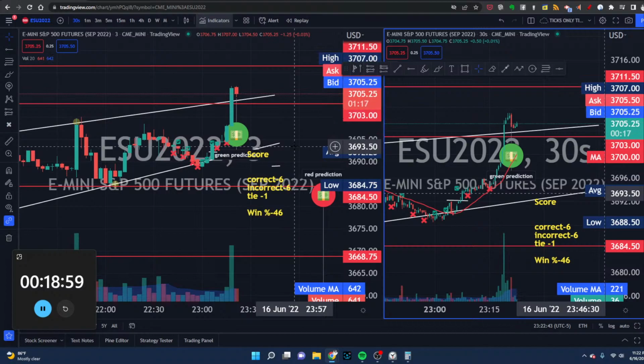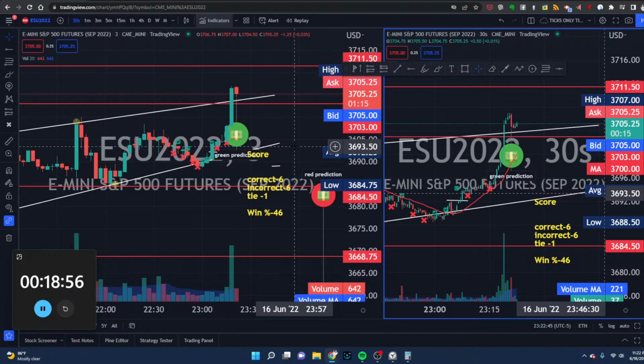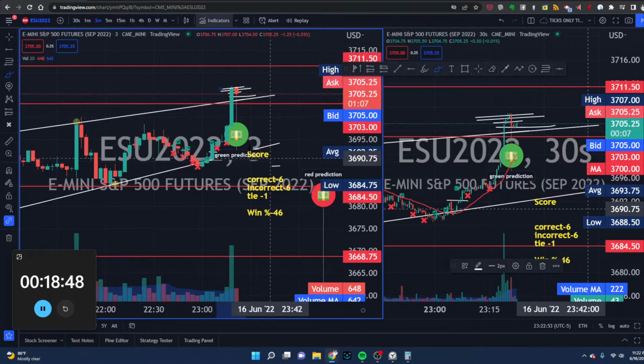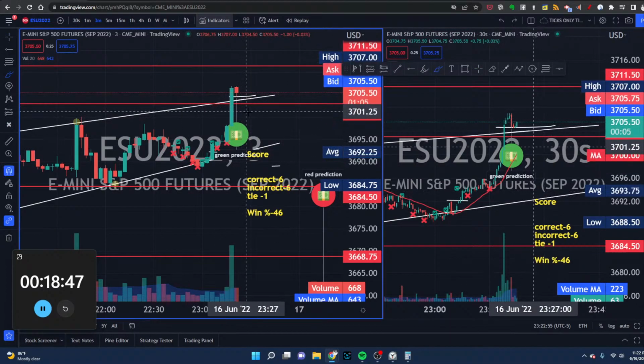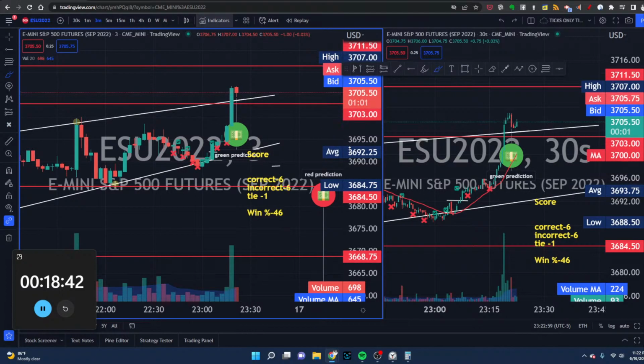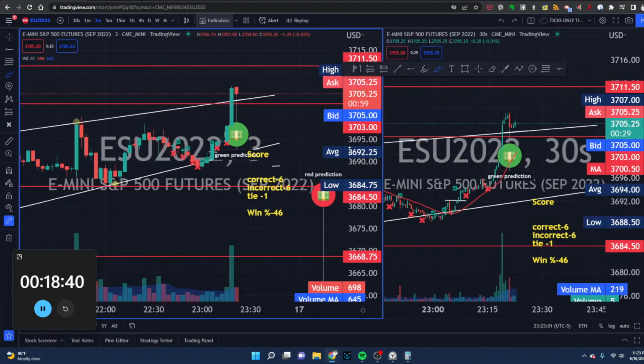It looks like they're being stopped at the top of this candle. That's what I want to see. I want to see all the buying contained at the top of this candle. Defend that candle. That's what I want to see. Here we go. Wicks at the bottom.